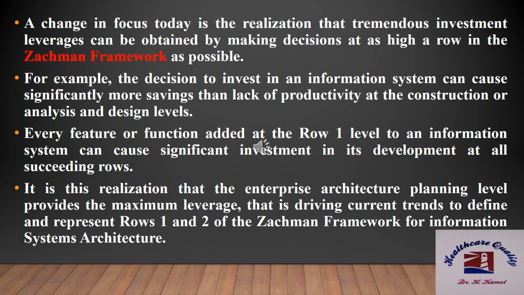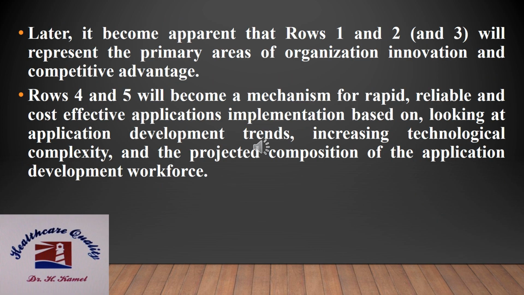It is this realization that the enterprise architecture planning level provides the maximum leverage that's driving current trends to define and represent rows 1 and 2 of the Zachman framework for information system architecture. Later, it becomes apparent that rows 1 and 2 and possibly 3 will represent the primary areas of organization innovation and competitive advantage.